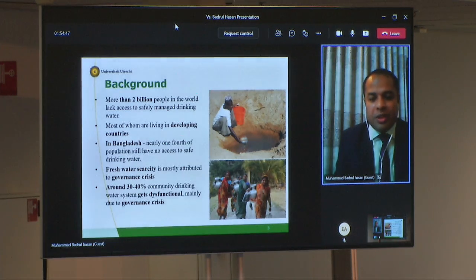Fresh drinking water scarcity is attributed to a large extent to the governance crisis, because around 30 to 40% of community drinking water systems become dysfunctional due to the governance crisis, among other issues.